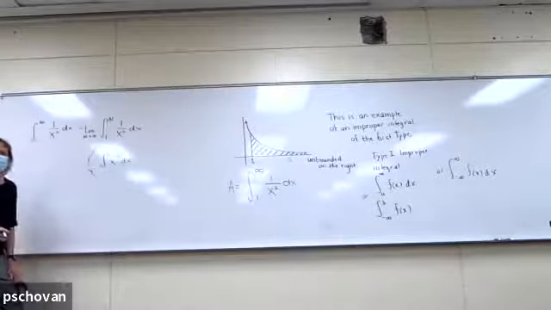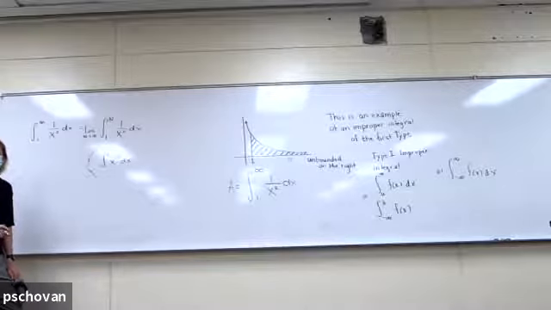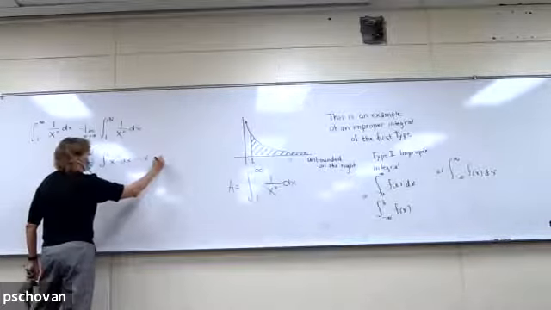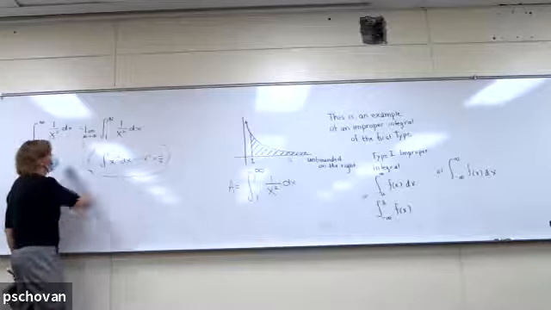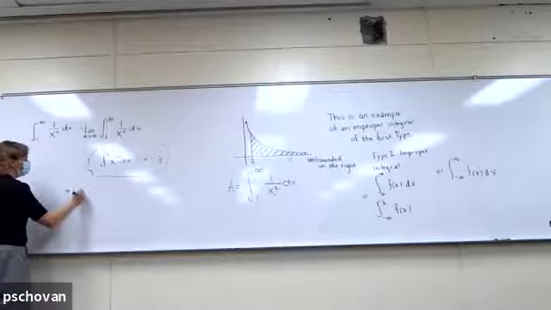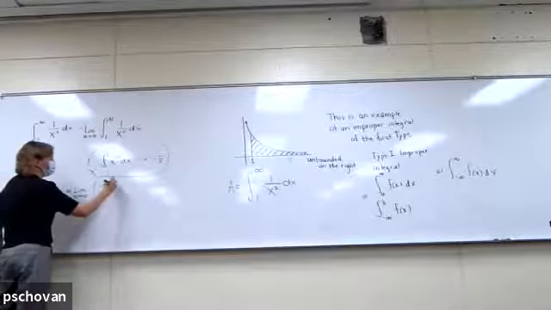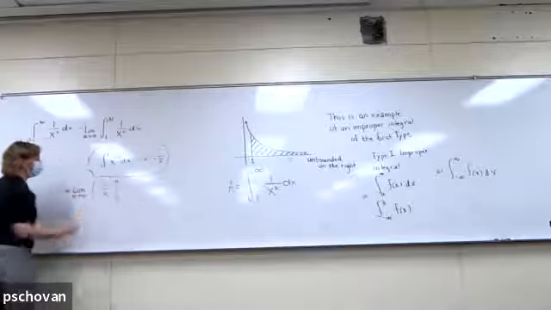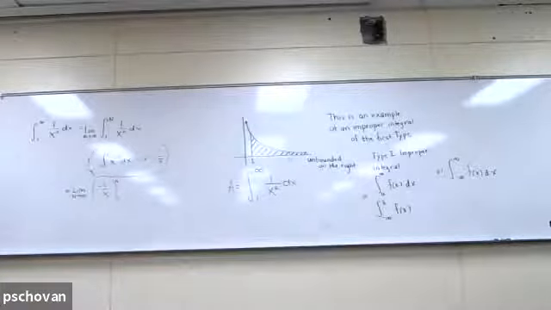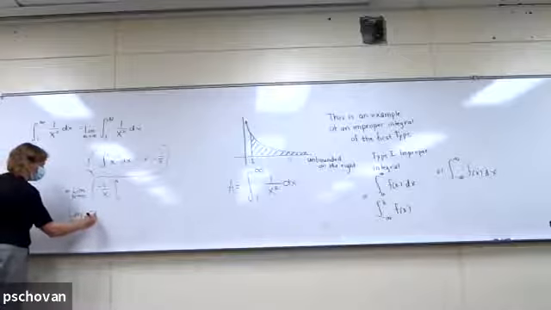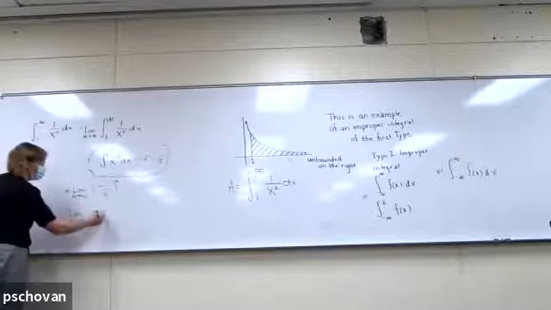You add 1 to the power, divide by the new power, and you get negative x to the negative 1. And we can write that as minus 1 over x. So the limit I'm going to compute is the limit as n goes to infinity of the negative 1 over x evaluated from 1 to capital N. Put the n in first, then I subtract what I get when I put the 1 in. So we're going to take the limit as n goes to infinity of negative 1 over n minus a negative 1 over 1.